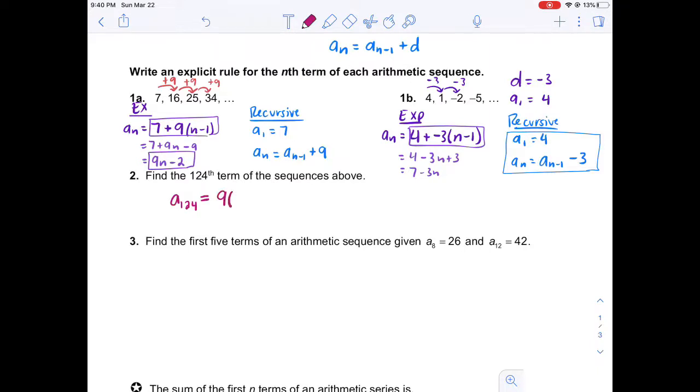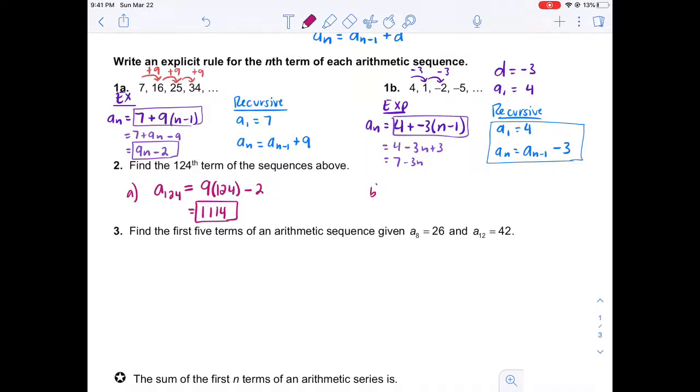This is 9 times n, which is 124, and then minus 2. So what that gives us here is if we do 9 times 124, that's 1,116, subtract 2, and that gives us an answer of 1,114. It would take a lot of adding to get up to that number. So that's our answer for A.